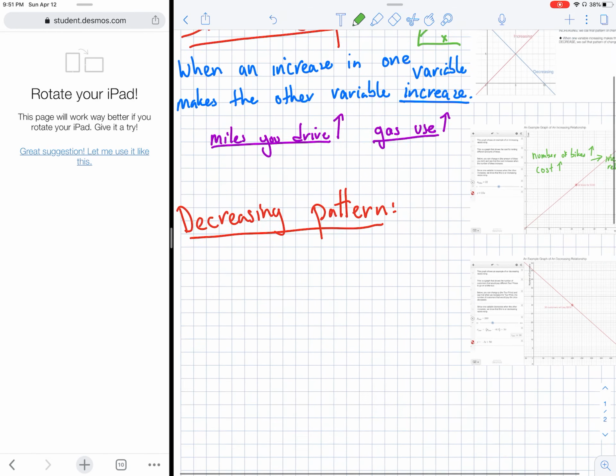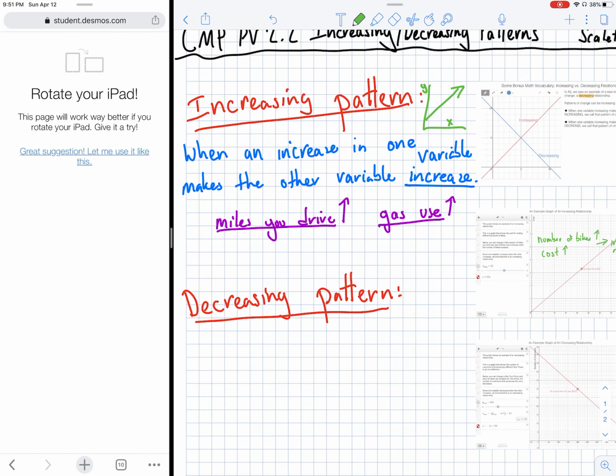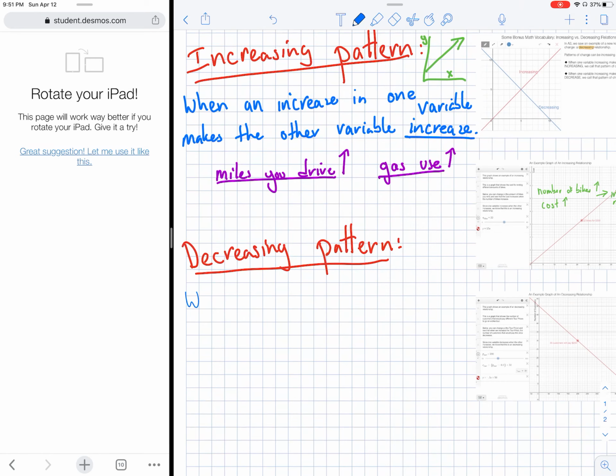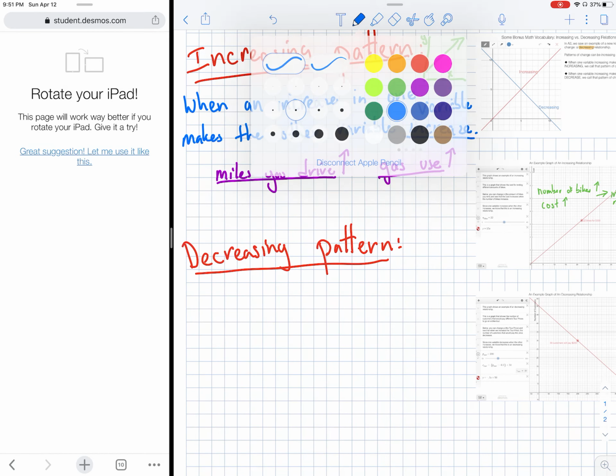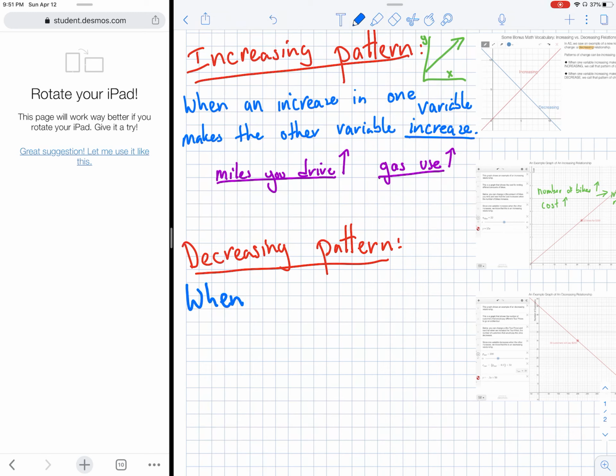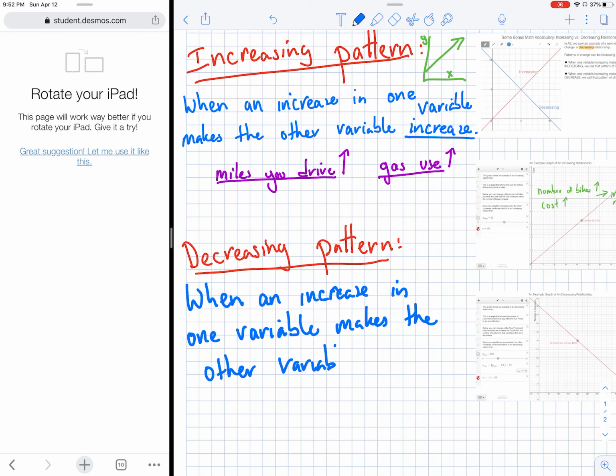And then we have another kind of relationship that is the opposite, right? So if an increasing pattern means an increase in one variable makes the other variable increase, a decreasing pattern is, let me make my pen a little bit thicker here, when an increase in one variable makes the other variable decrease.